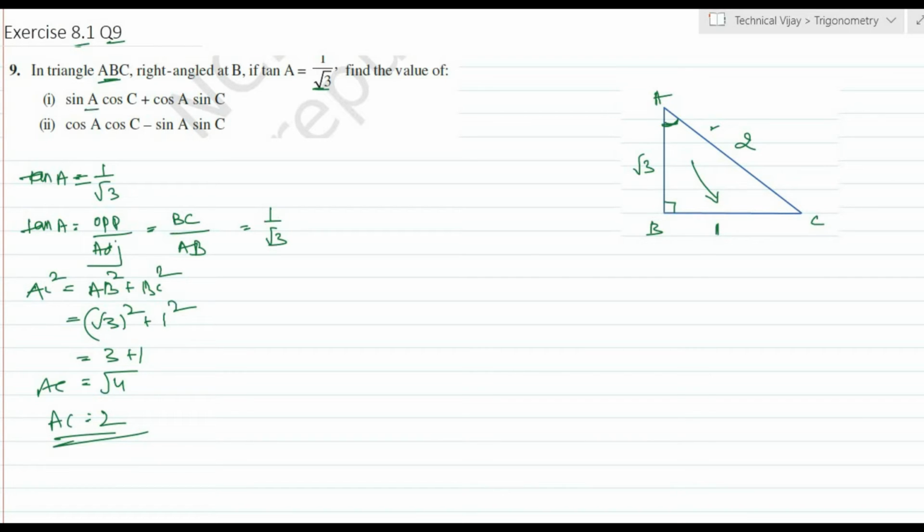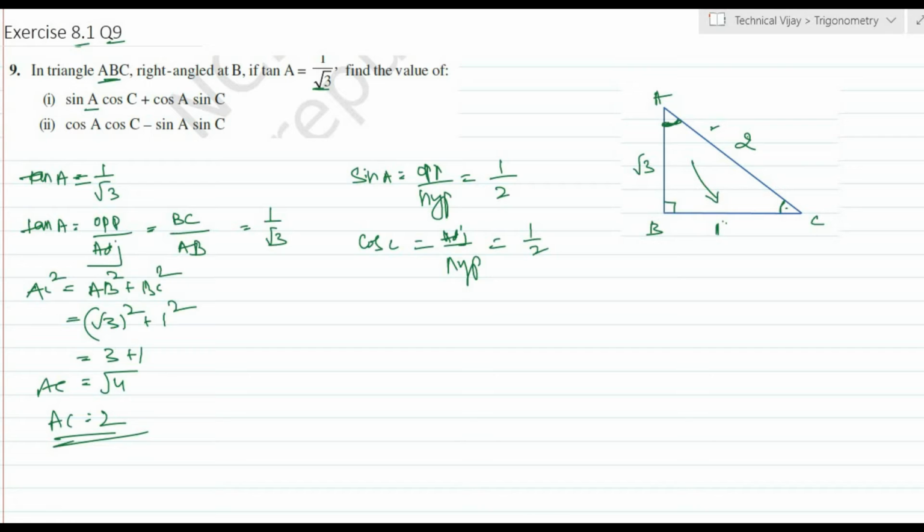Now we have to calculate sin A and cos C. That is sin A is equal to opposite divided by hypotenuse. So sin of A, opposite, that is 1 divided by hypotenuse 2. So here cos of C we have to calculate. Cos value means adjacent by hypotenuse. Here adjacent is 1, hypotenuse is 2, so this is also 1 by 2.